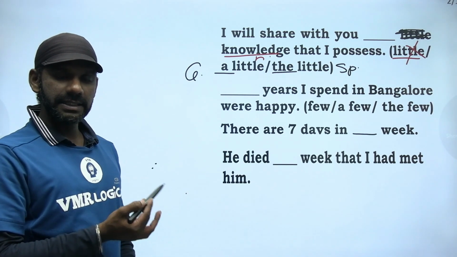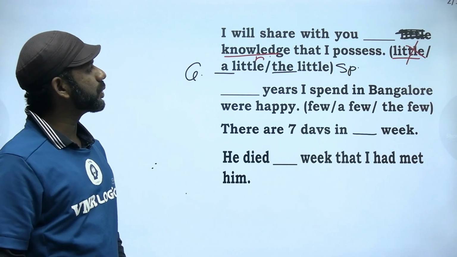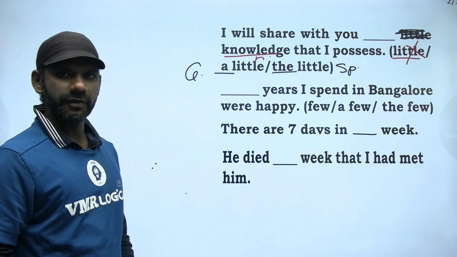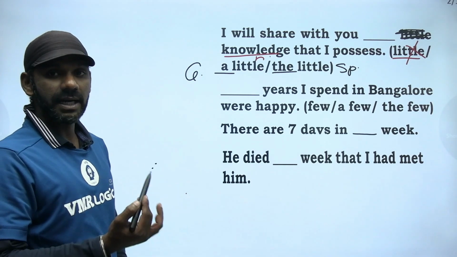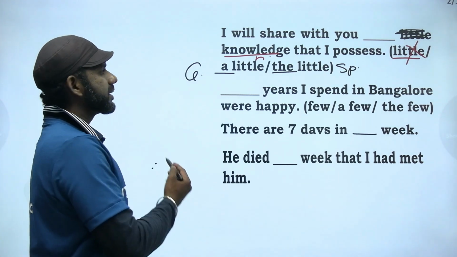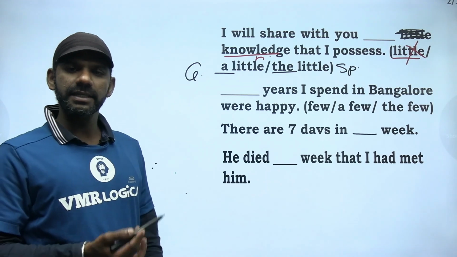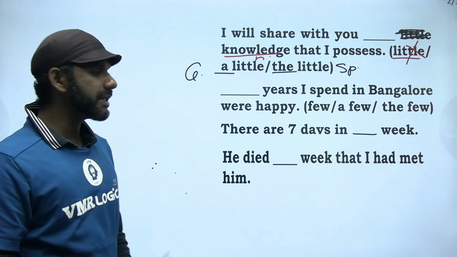I repeat, a little is general, the little is specific. I will share with you, I shall share, both are fine. I will share with you dash knowledge that I possess. Knowledge is a noun. In this sentence, is there any detail given regarding the noun knowledge? Yes. Knowledge that I possess.